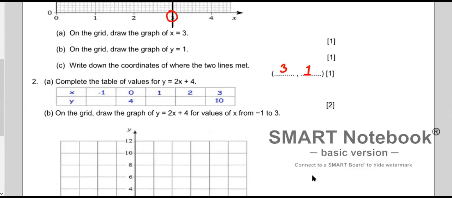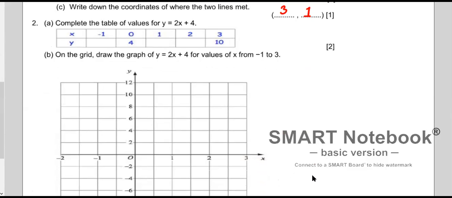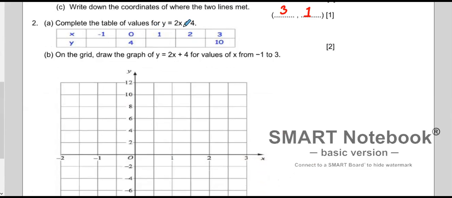All right, complete the table of values for y equals 2x plus 4. We are given the equation here, y equals 2x plus 4, and then we need to complete the table.